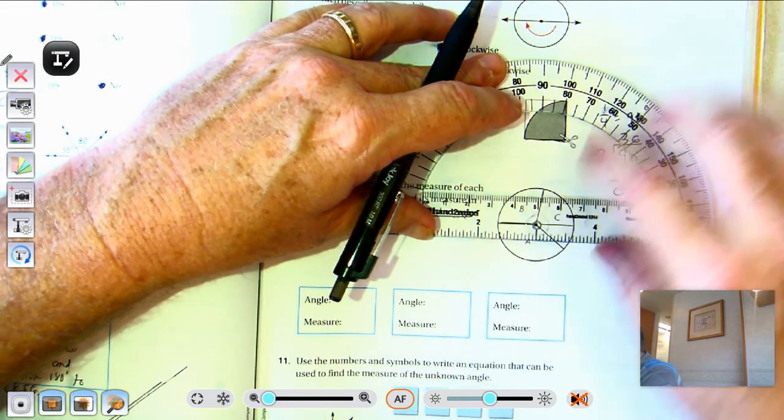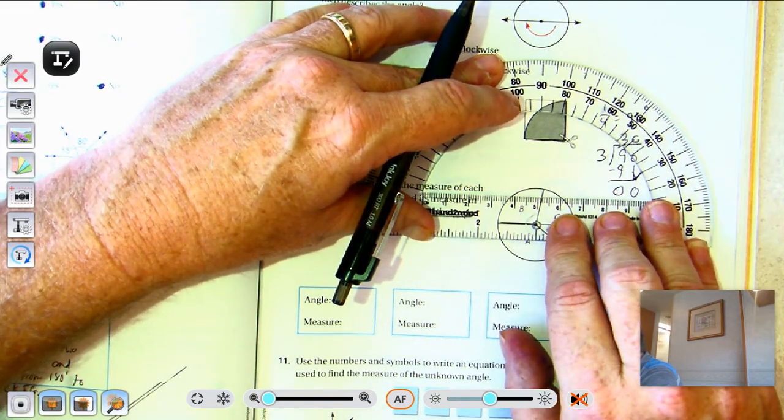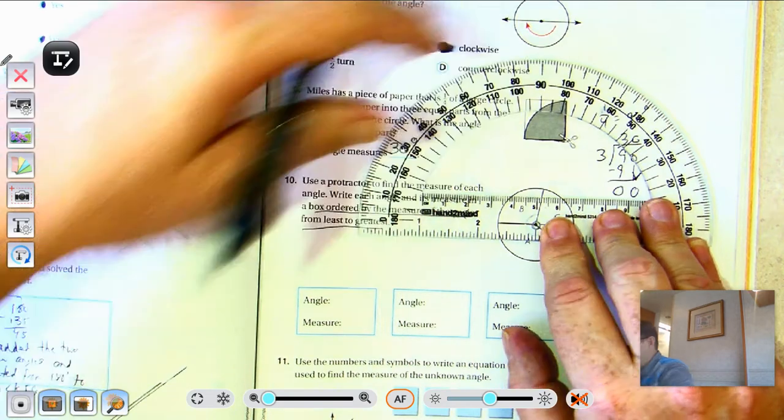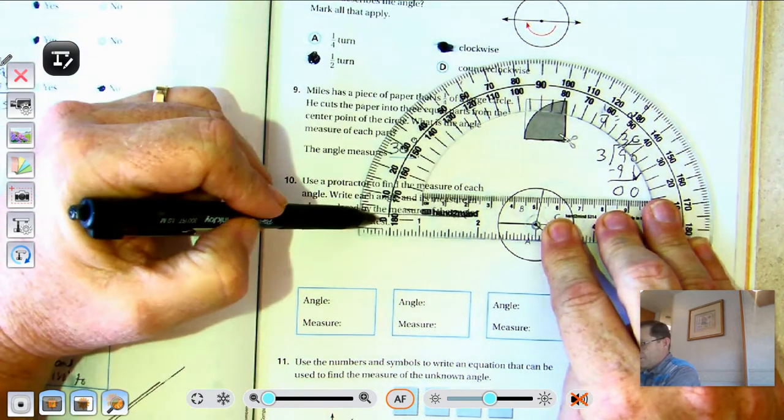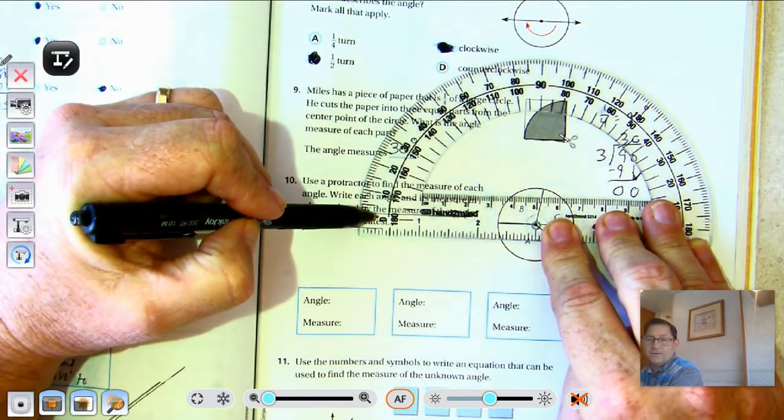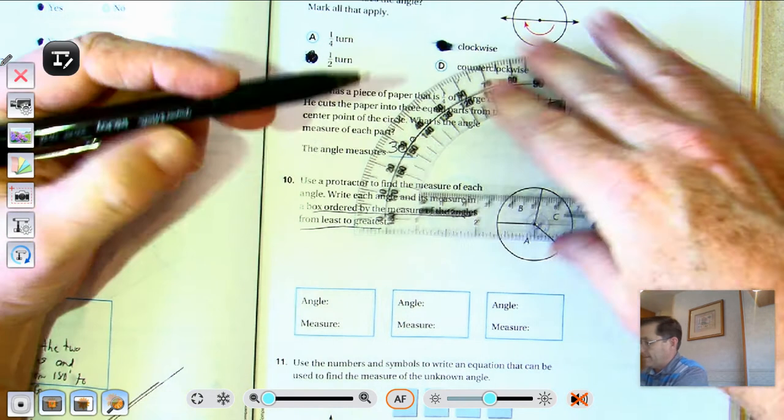Center point on 0, on the vertex. Line up 0. I'm going to be using the outside of the protractor.